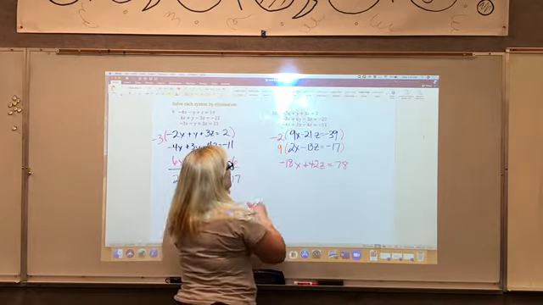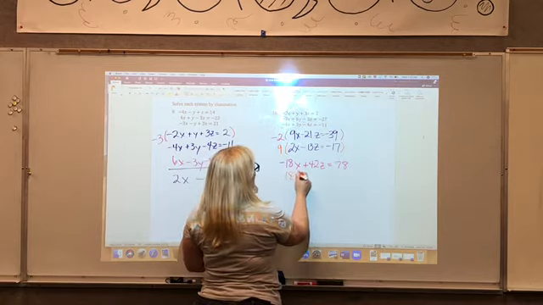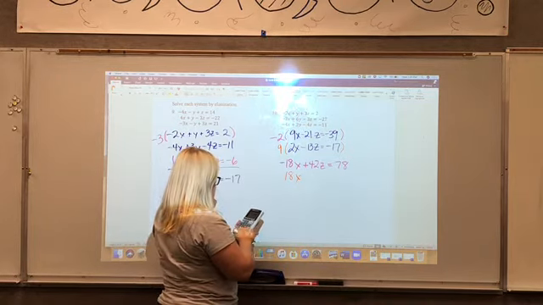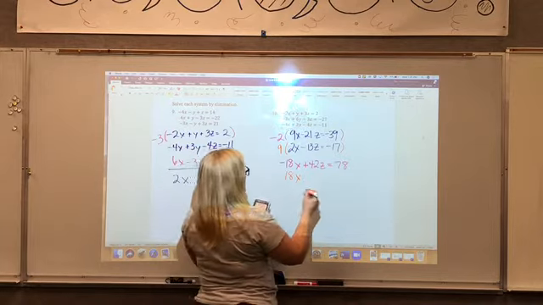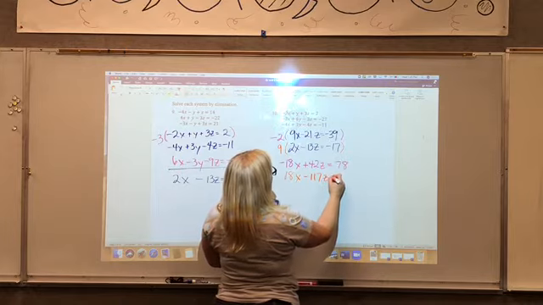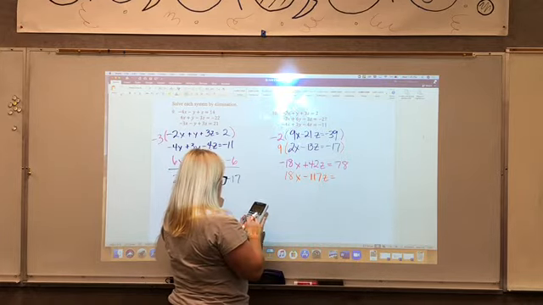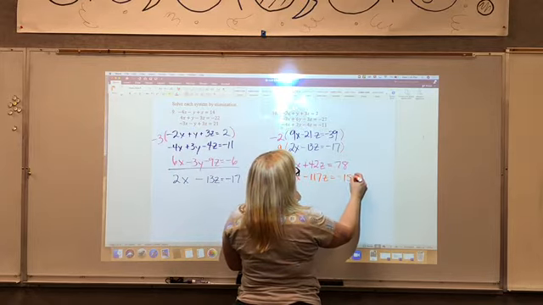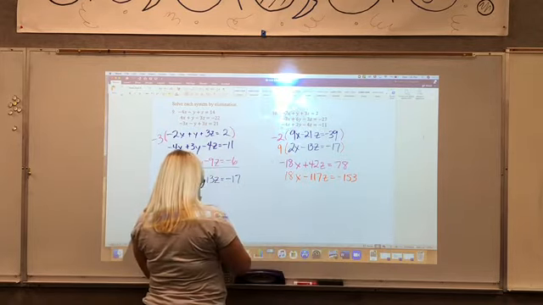Okay, down here then, we have 18x. 9 times 13 is 117, so we have -117z equals 9 times 17 is -153. All right.